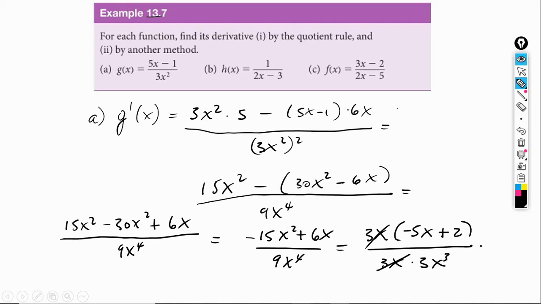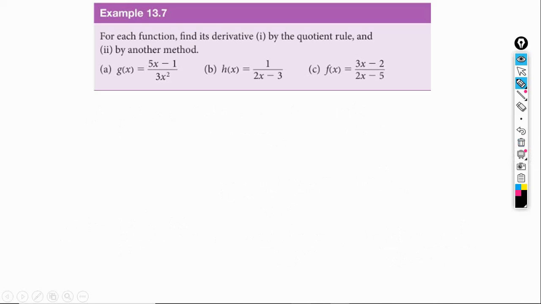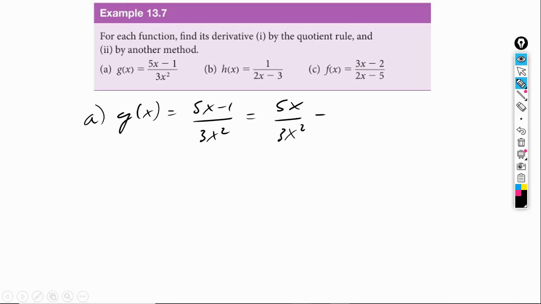Okay, so now I'm going to get rid of this and do it by another method. And that other method would be splitting this, right? So if I have that g of x is equal to 5x minus 1 over 3x squared, I can separate these terms into 5x over 3x squared minus 1 over 3x squared.